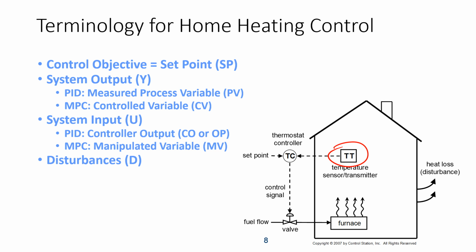And that may update on a second-to-second basis, minute-to-minute, but it's something that's able to measure the temperature and then provide that information to the controller. So when we write these, the TT, the first letter is going to be the measurement.